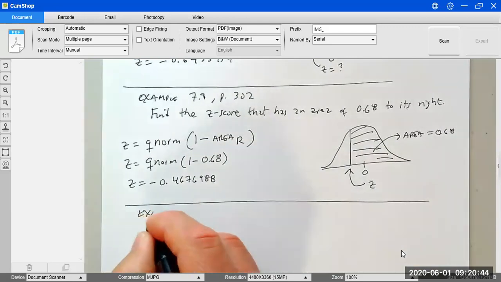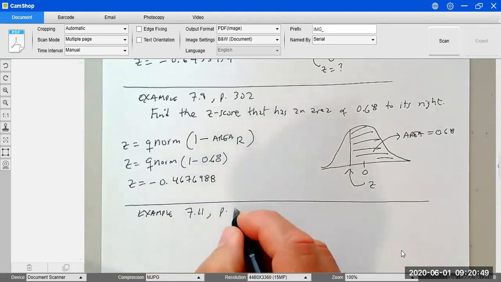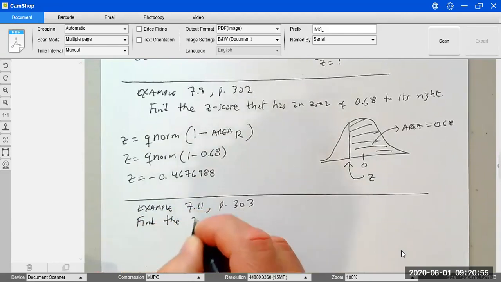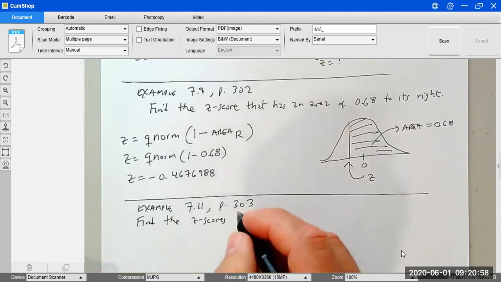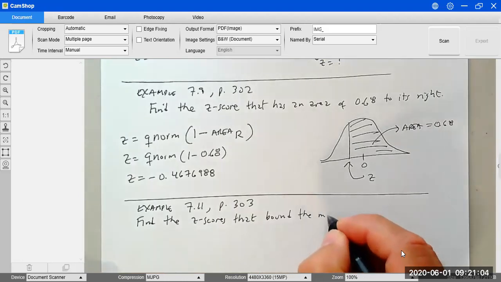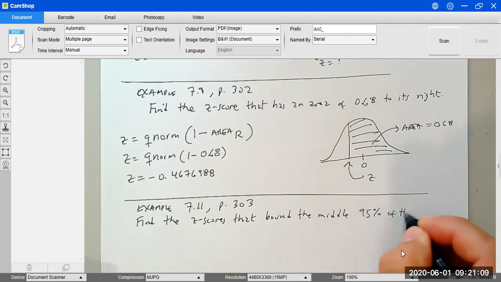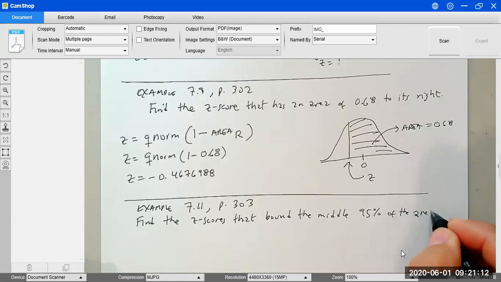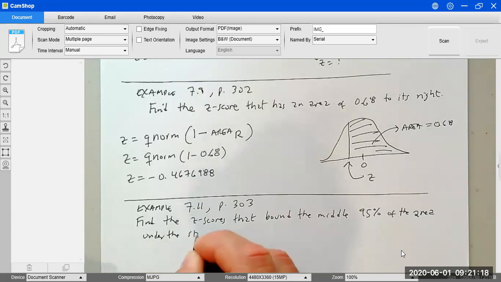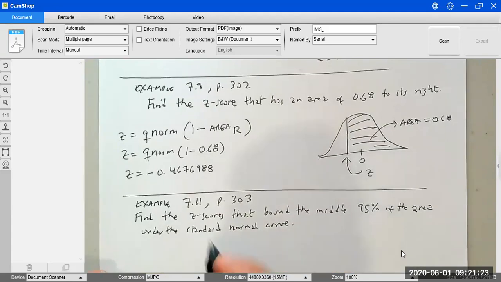So this is example 7.11 on page 303, and we're going to find the z-scores that bound the middle 95% of the area under the standard normal curve.